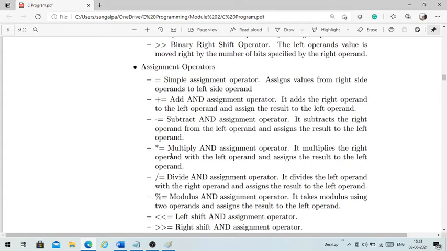Next is the assignment operator. We have already discussed, assignment is there, A equal to B. Assignment operator means we can combine other operators with the assignment operator. Same thing, minus equal to. What does it mean?